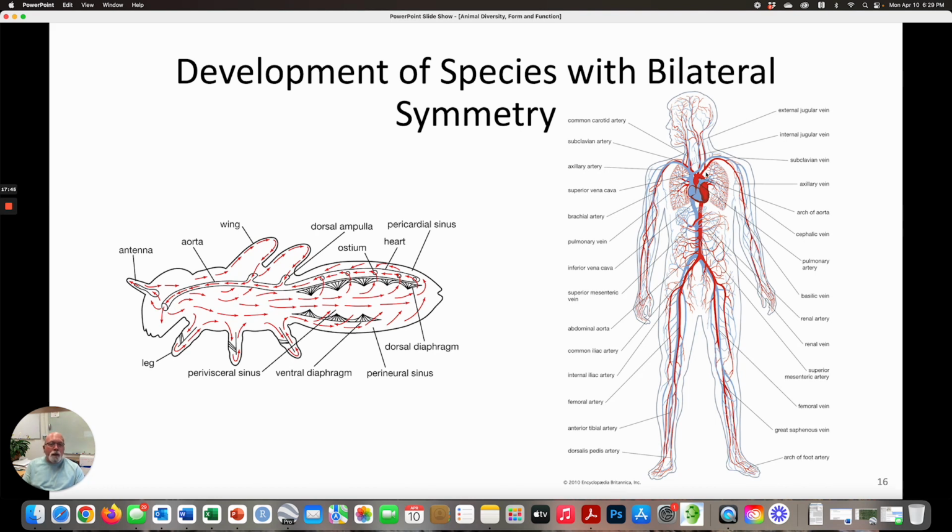You, on the other hand, have a closed circulatory system. In the best of all possible worlds, your blood stays enclosed within blood vessels as it travels around your body from your heart, going out through what we call afferent arteries that carry oxygenated blood away from the heart to the extremities.